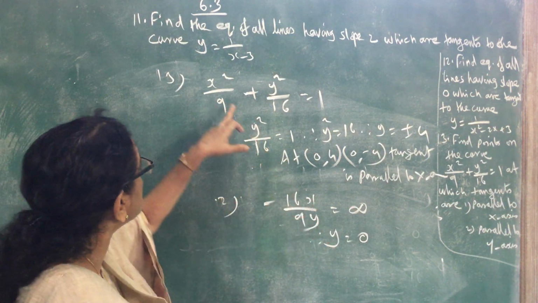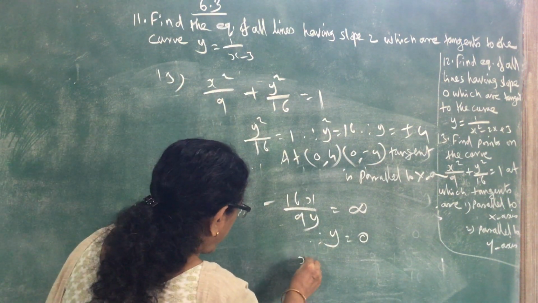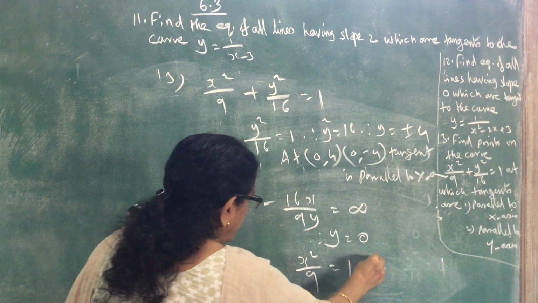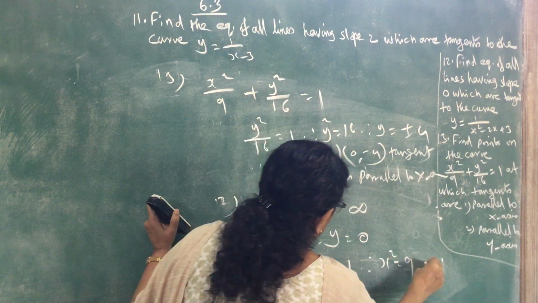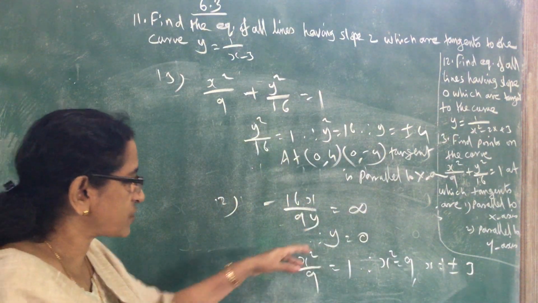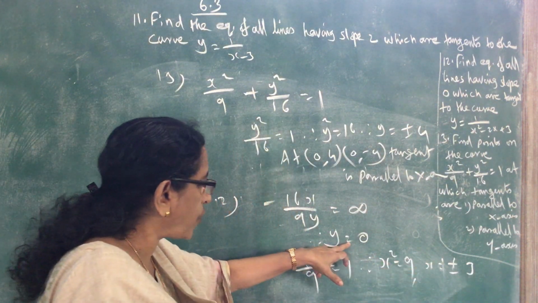Now we can find the x coordinate by substituting in the equation of the curve. So substitute y equal to 0 here. So we get x square by 9, and this term will be 0, equal to 1. Therefore x square equal to 9, x equal to plus or minus 3. So these are the points: x coordinate plus or minus 3, y coordinate 0.